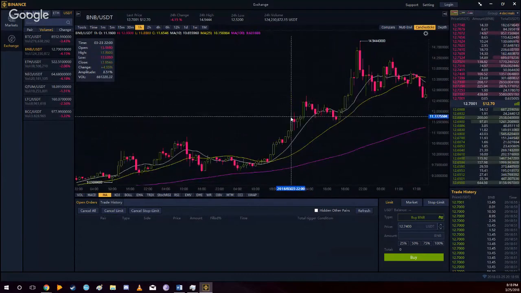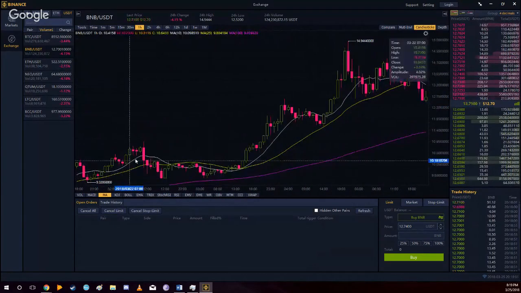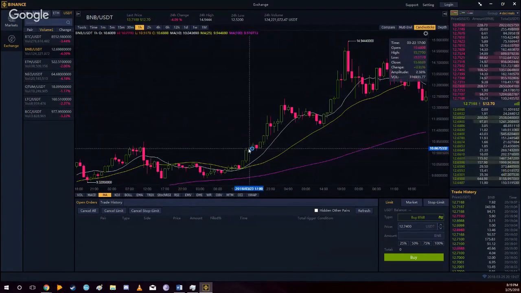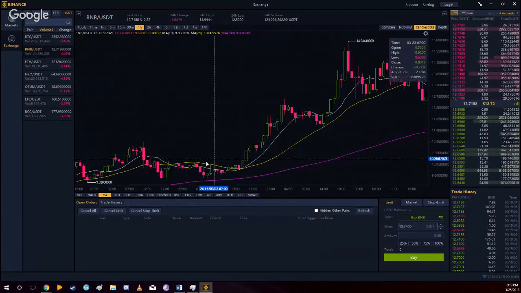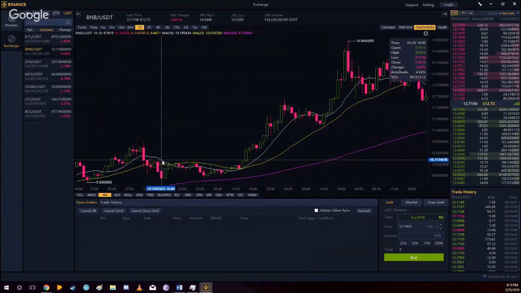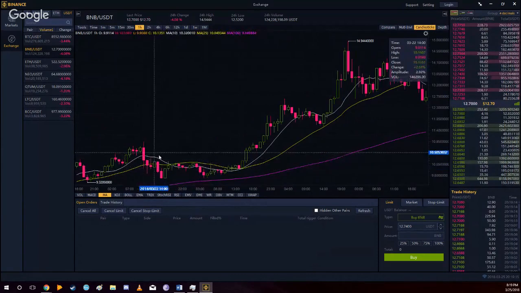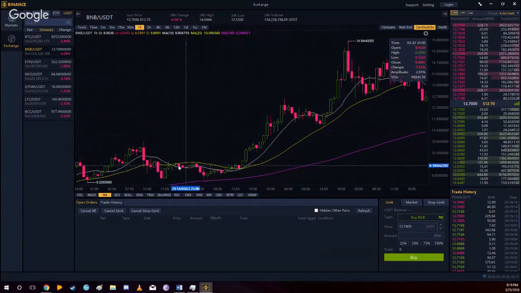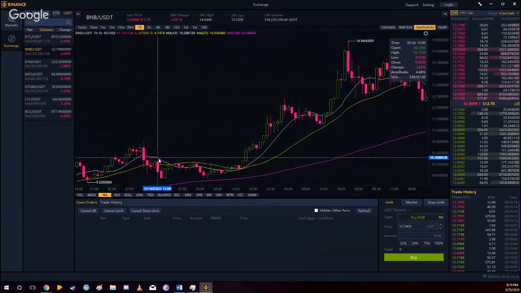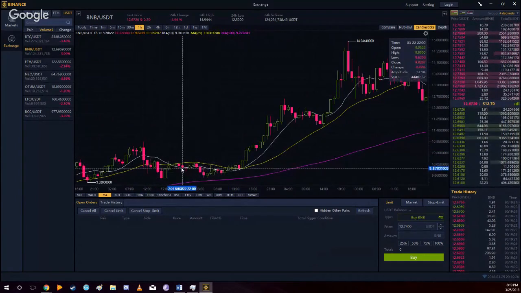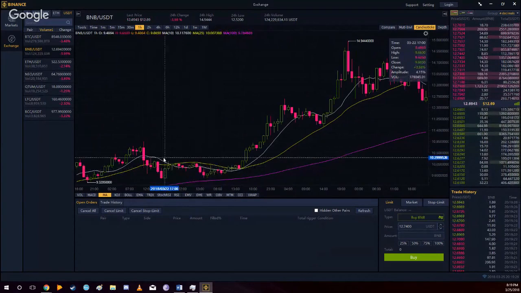So let's pick a random point, this point here. From here to here, we can trace a moving average pattern that goes between all the candles, and makes an average based on the current time and the past candles.